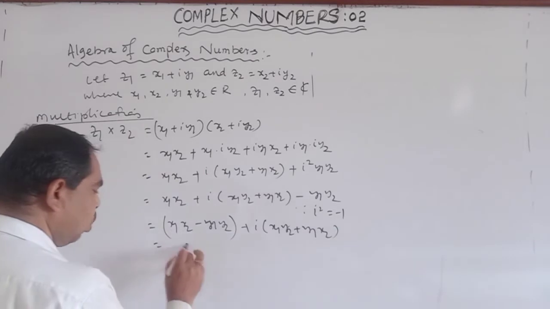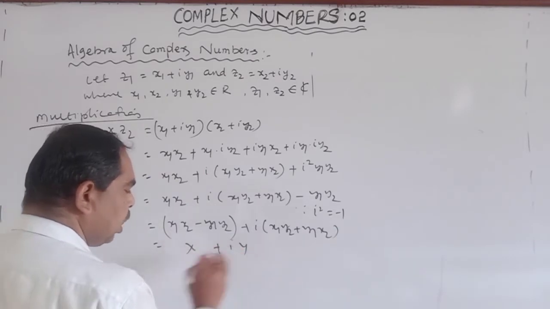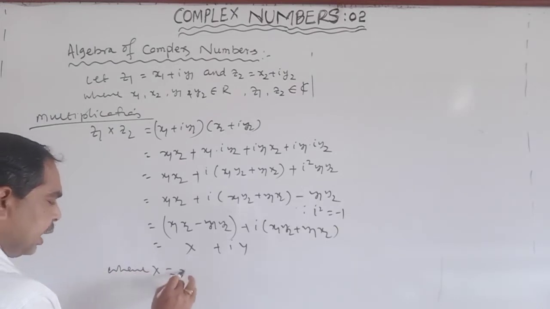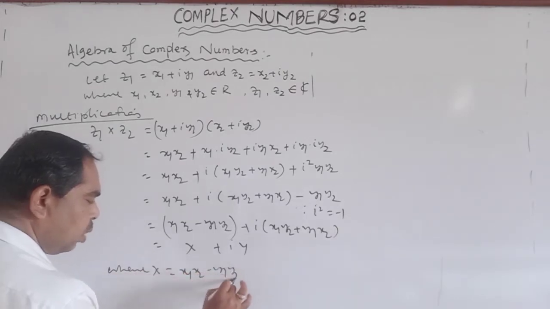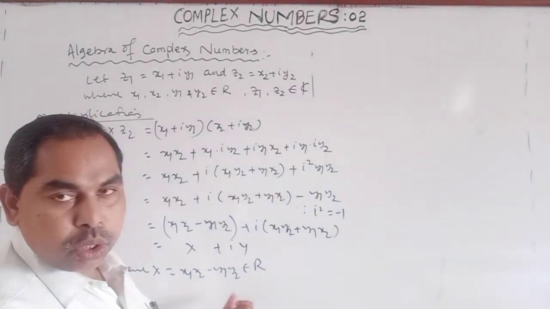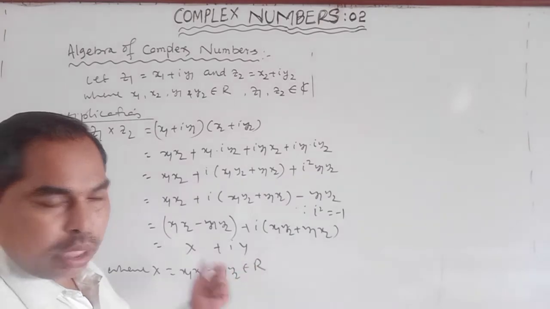So this is equal to capital X plus i into capital Y, where capital X is equal to x1 x2 minus y1 y2, which belongs to the set of real numbers R, because the product of two real numbers is also a real number and the difference of two real numbers is also a real number.